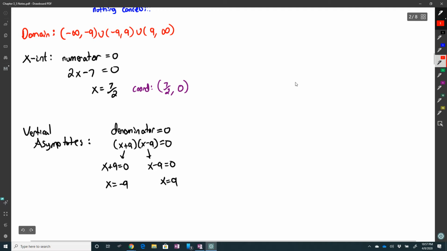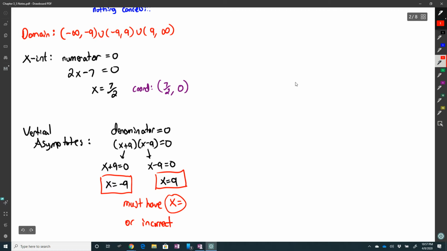Now these are not points. These are vertical asymptotes. And so when your vertical asymptotes are there, they must have the x equals, or it's incorrect. Usually on the homework, the x equals might be written in there for you. Like it'll say x equals blank, and then you just type in the number.